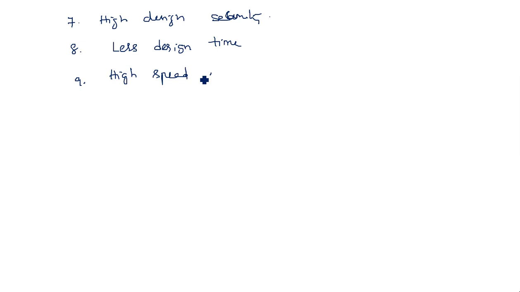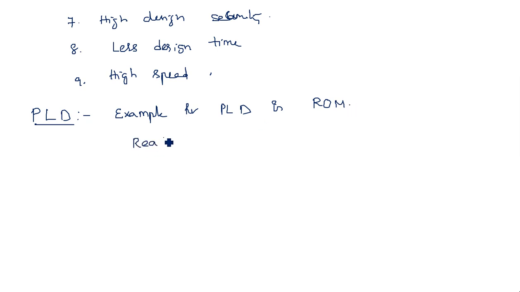Now, the first one we are going to discuss is the PLD, programmable logic device. The first example of a programmable logic device is ROM. ROM is nothing but read only memory. It reads the data.